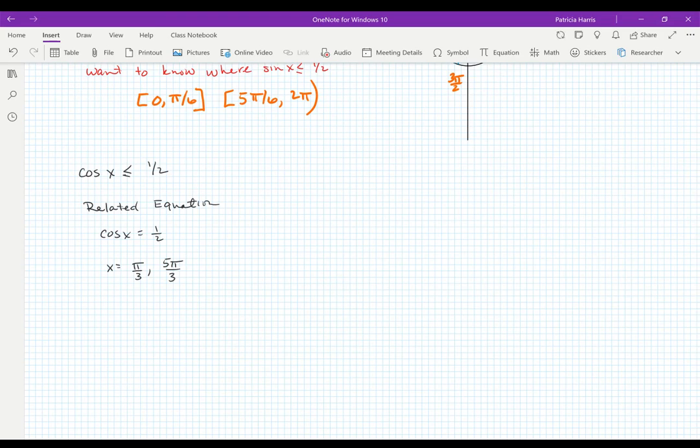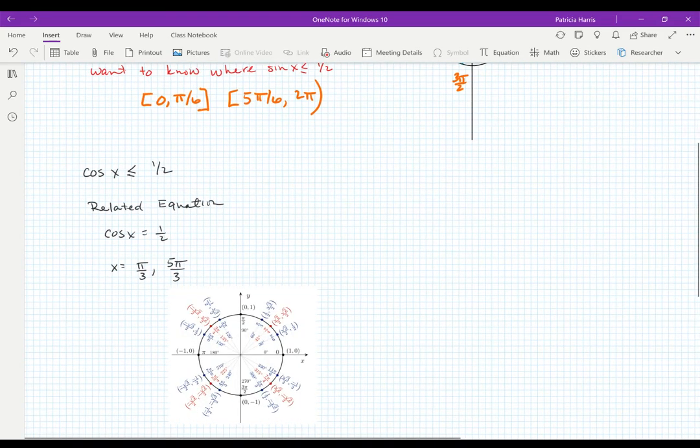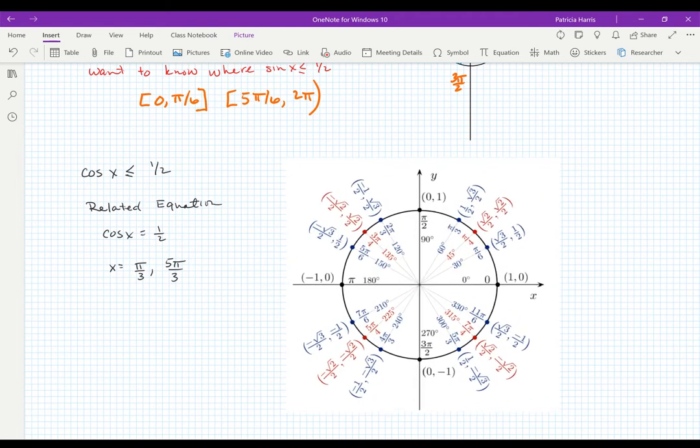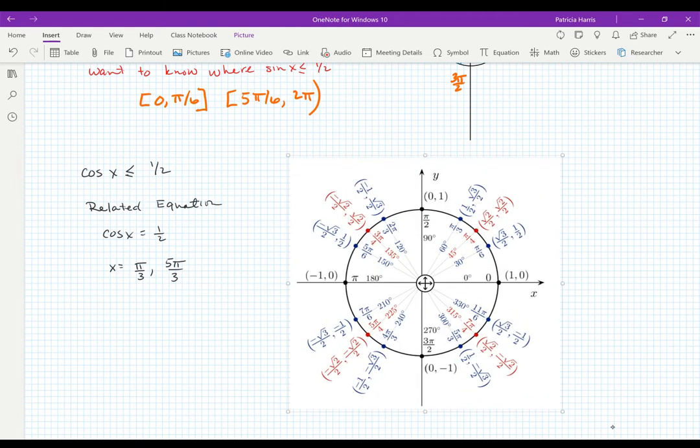A lot of you already have a unit circle. All right, so we're looking at cosine. We have 1/2 at pi over 3 and 5 pi over 3. We want cosine to be less than that.